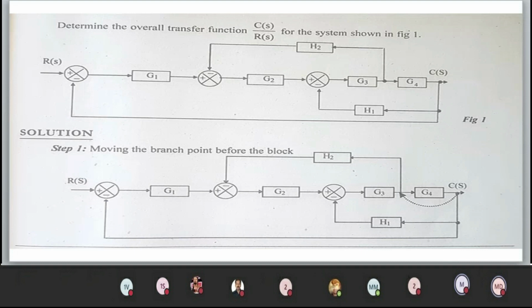So C of S is once again the output, R of S is input. You have 6 blocks with individual gains, and you have 3 summing points and a few nodal points. Now let us proceed with the solution.